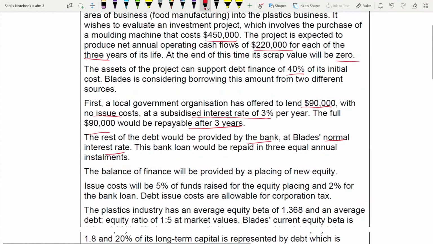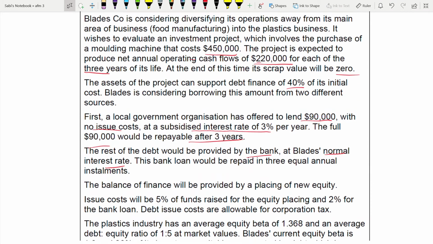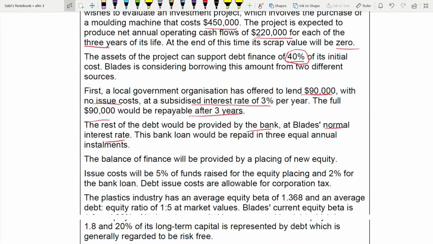Here the debt amount is not given, they just said the rest of the loan. To find it, you have to find 40% of the initial cost. Initial cost is 450,000, and 40% of that is the total debt. Out of that total debt, 90,000 is subsidized, so the balance will be at the normal rate. And the bank loan would be repaid in 3 equal annual installments.